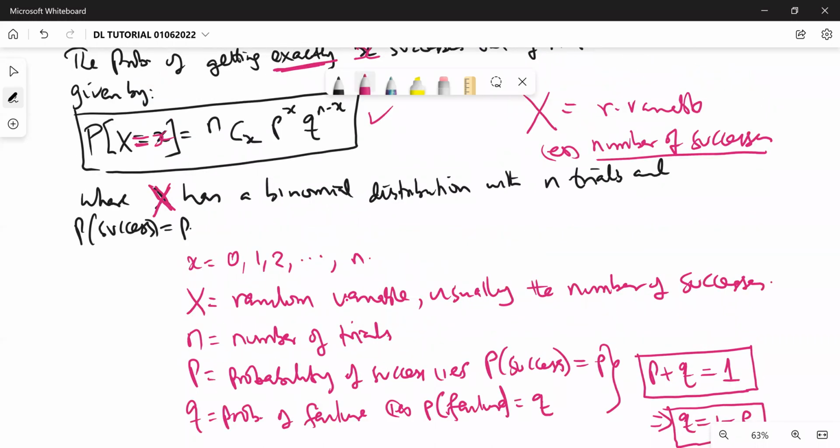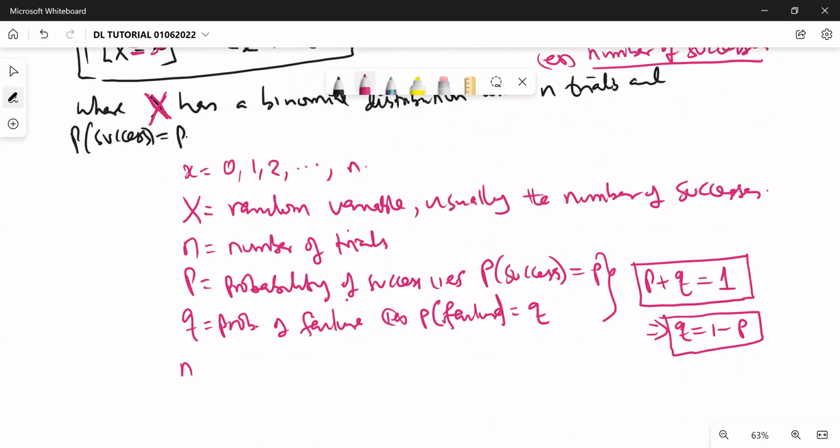Now, there is this term here. This is the combination function.